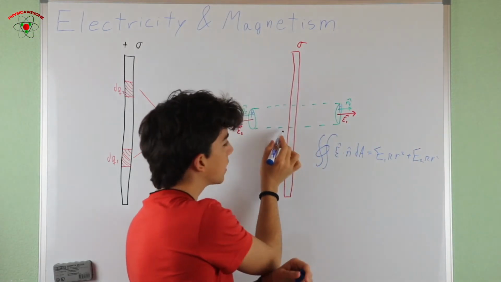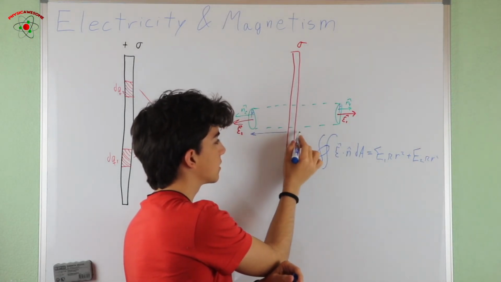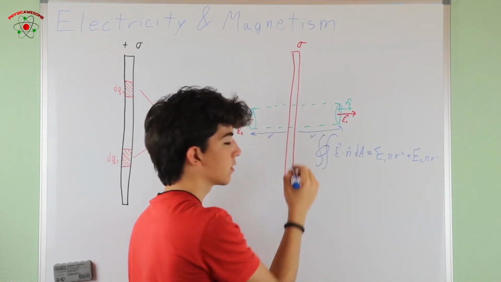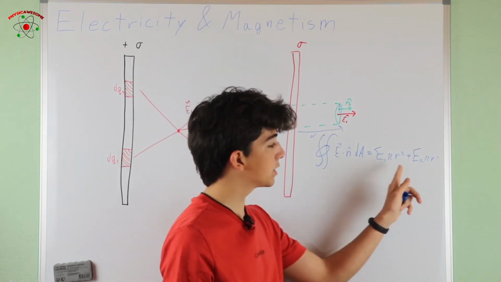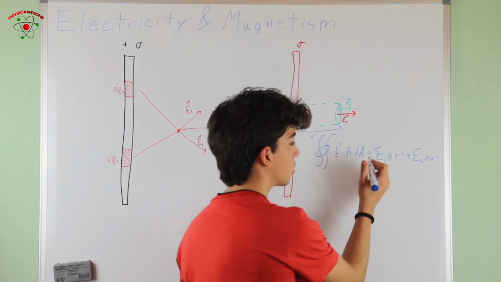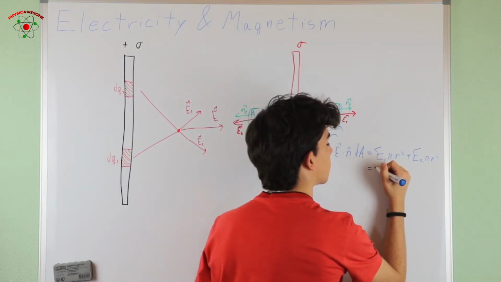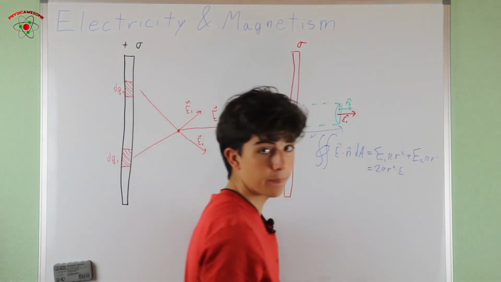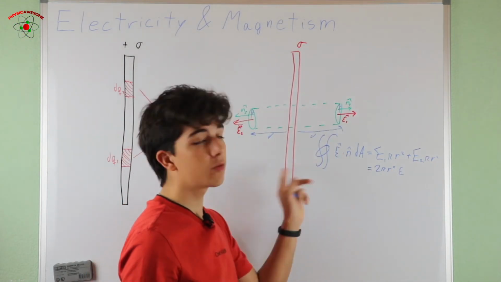If we define this distance to be equal, let's call it D, on both sides, we know that the intensity of these two electric fields is going to be the same. So we can simply write 2 pi R squared times E. Now, what's the other part of Gauss's law?